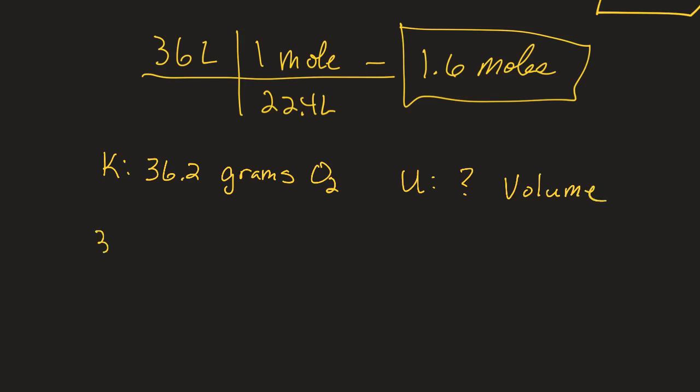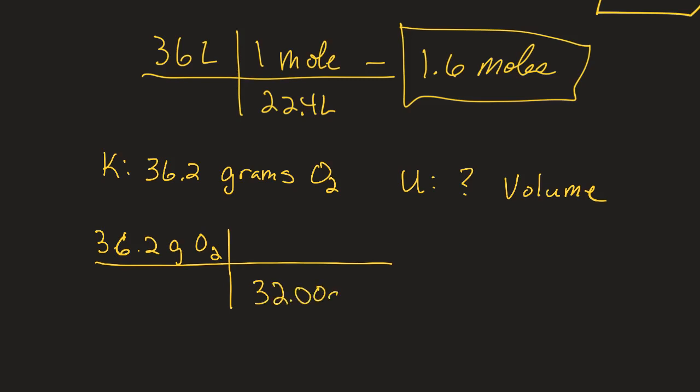So I'm going to start with 36.2 grams of O2. I have grams of O2 on the top, so I'm going to need grams of O2 on the bottom. I'm going to grab my periodic table and look it up. I have 2 oxygen atoms. Each one of them weighs 16, so 32.00 grams of oxygen in 1 mole of oxygen.